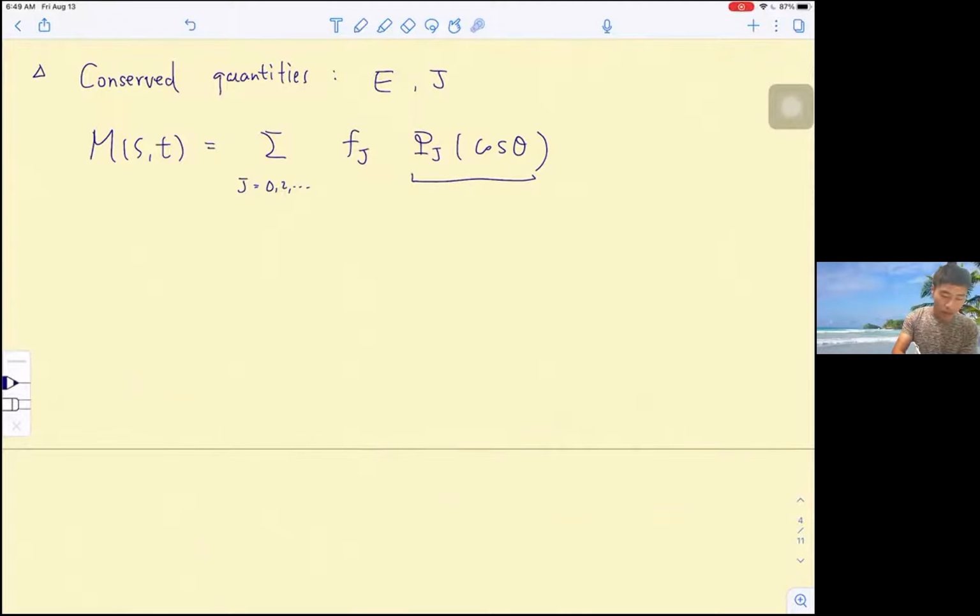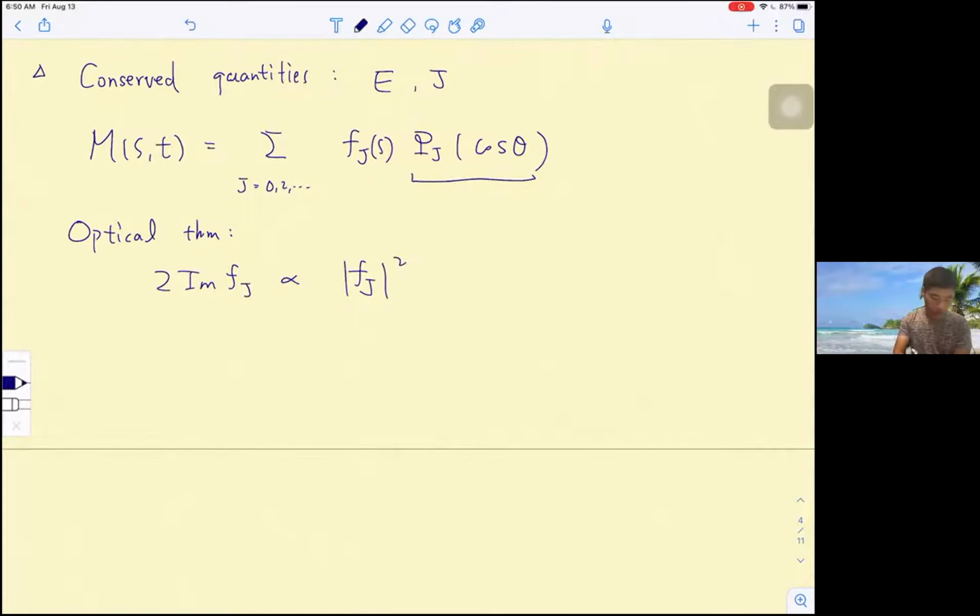And you can find the optical theorem in terms of this partial wave decomposition. You turn the Mandelstam t into this Legendre polynomial, and s is only in the partial wave coefficient f sub j. The optical theorem in this basis is given by the imaginary part of f_j proportional to simply f_j squared.